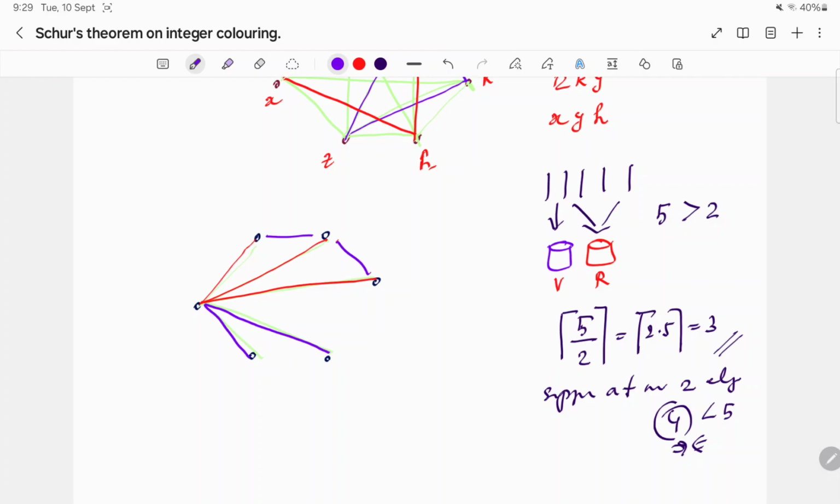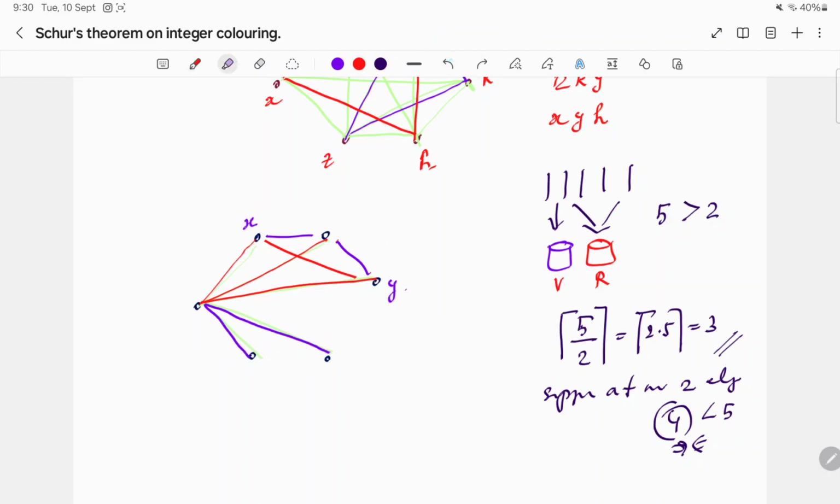right? But the problem is, look at these guys, X and Y. Are they friends or not friends? They must be either friends or not friends. So if they are friends, there must be a red line. That means there is a triangle.